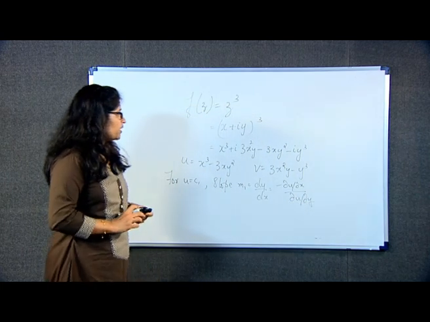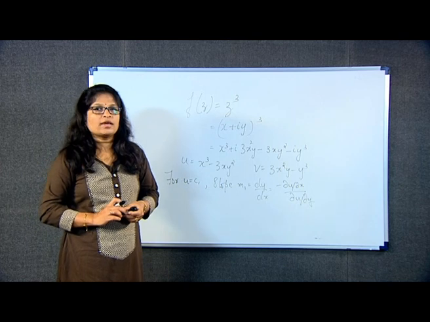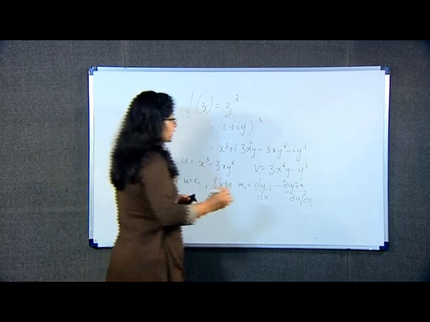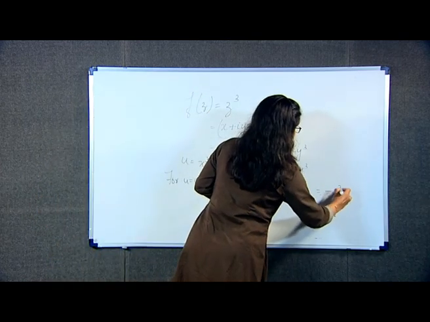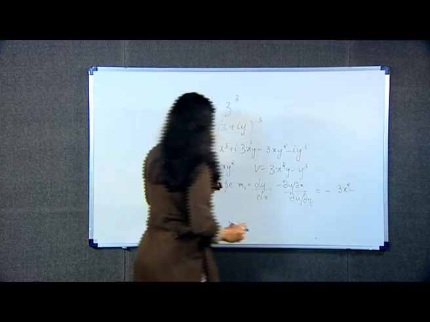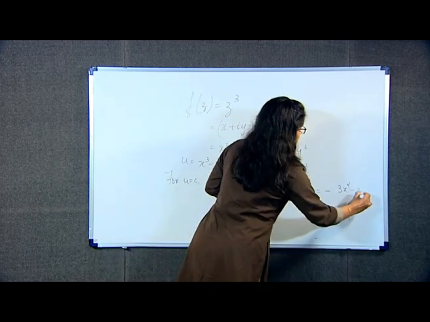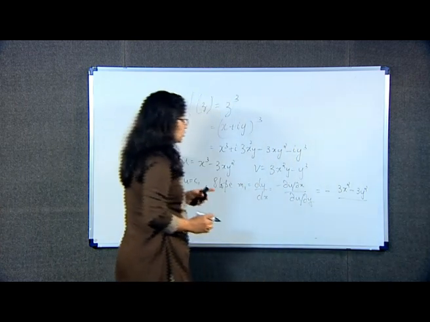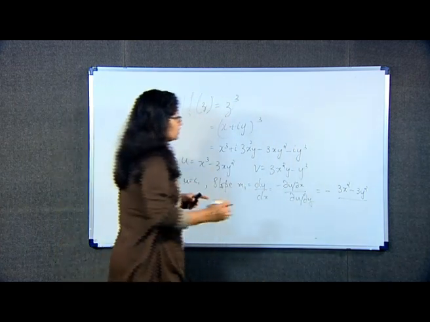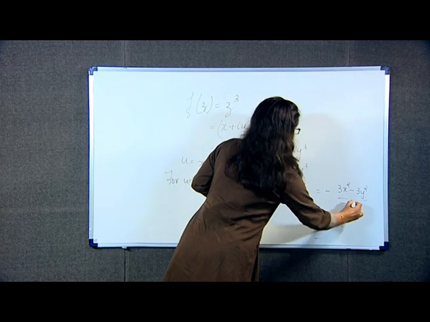So, dou u by dou x is 3x square minus 3y square, divided by dou u by dou y, which is minus 6xy.